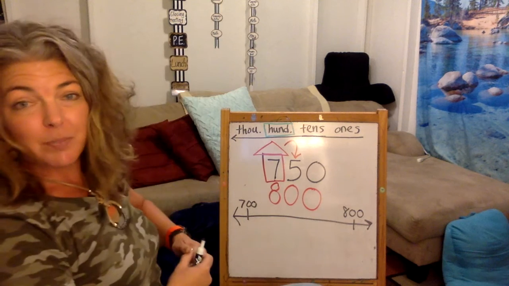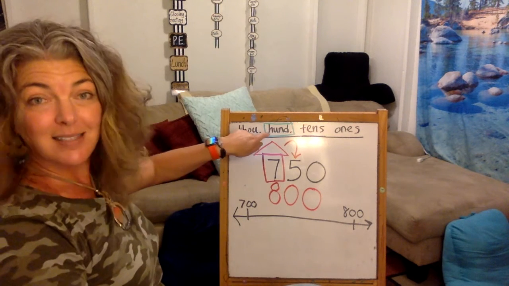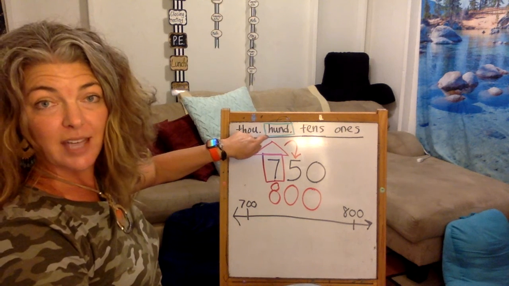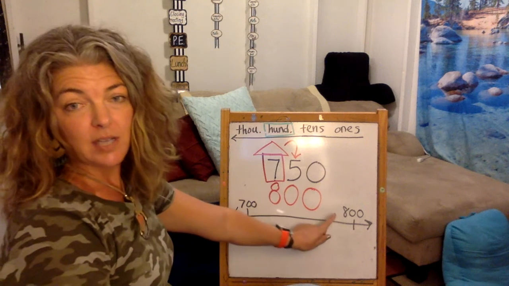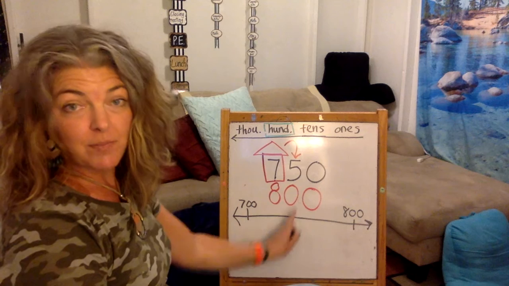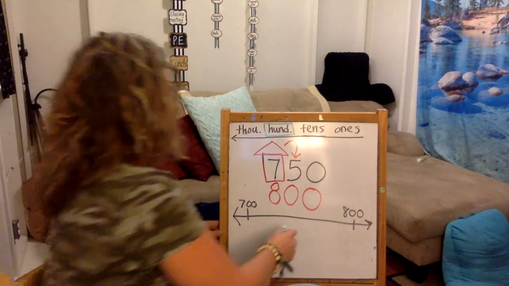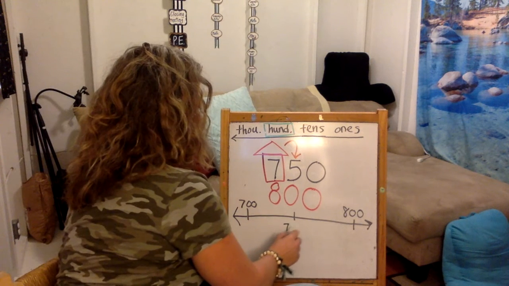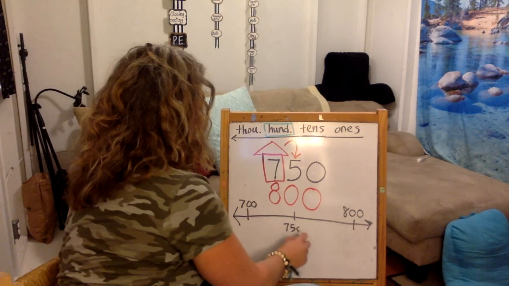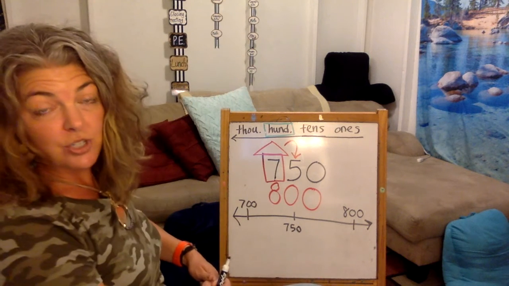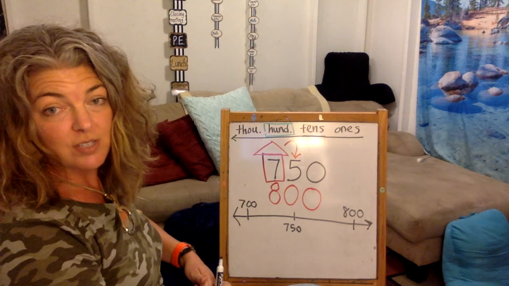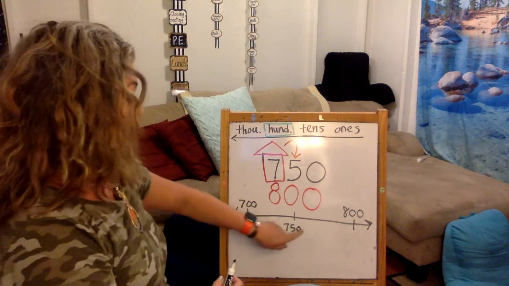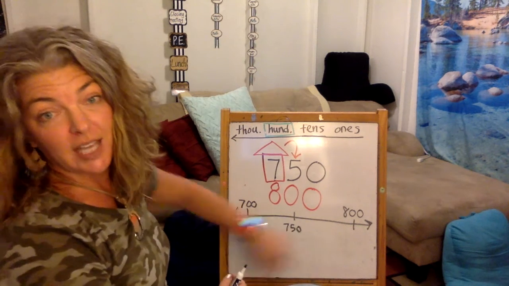I've split it up into hundreds because that's the place that I'm working with today, the hundreds place. 700 and 800. In the middle would be 750. Now, if I wanted to, I could do a bunch of marks between 700 and 750 and 750 and 800.